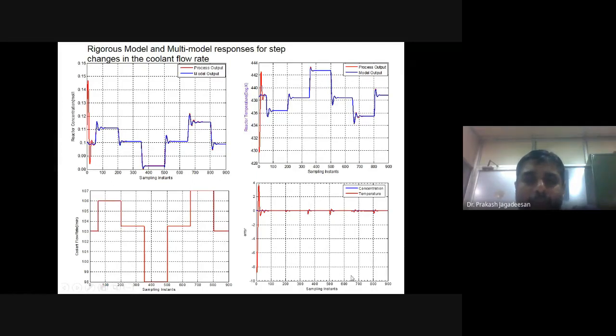Error at different sampling instants, you can see that it is lying close to 0. So from this, we can come to a conclusion that with the help of a simple bank of linear models, one can capture the highly nonlinear dynamic behavior of the system.